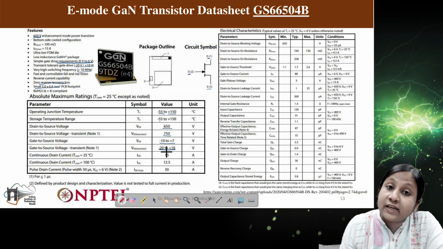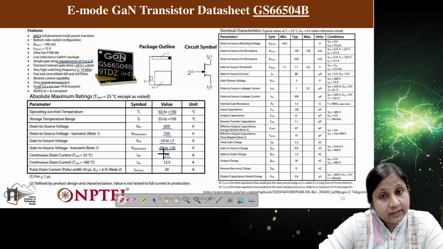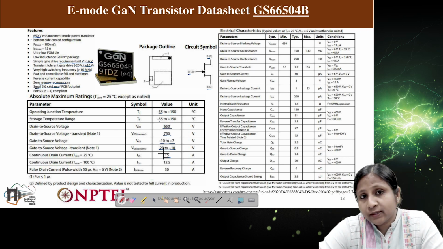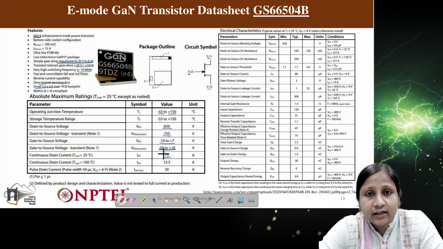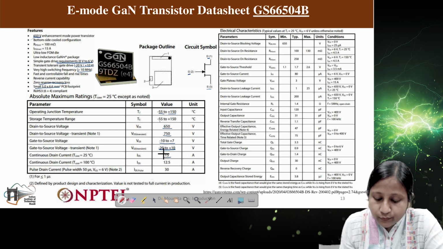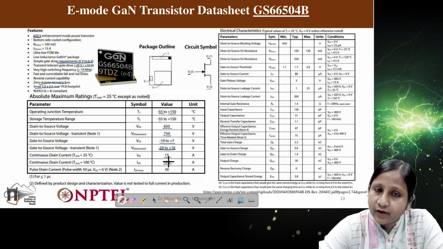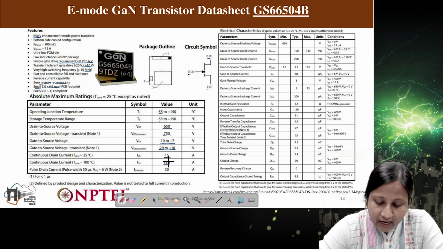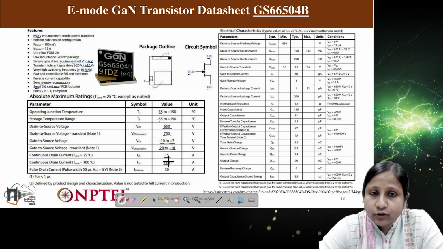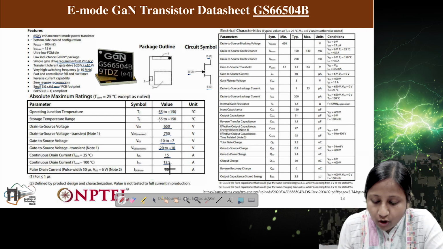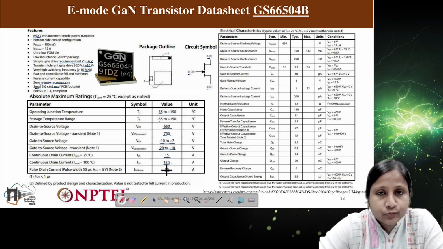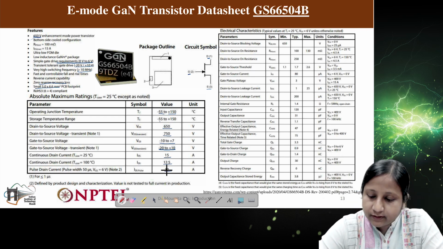The continuous drain current rating in this device is 15 ampere at 25 degrees Celsius. If the temperature rises to 100 degrees Celsius, then the continuous drain current will be lower, which will be around 12.5 amperes. And if there is any pulse current or transient current of 30 ampere, then the device will be able to operate.